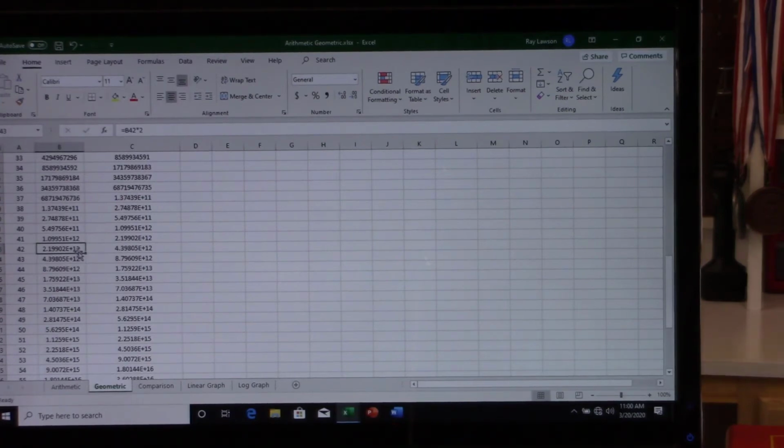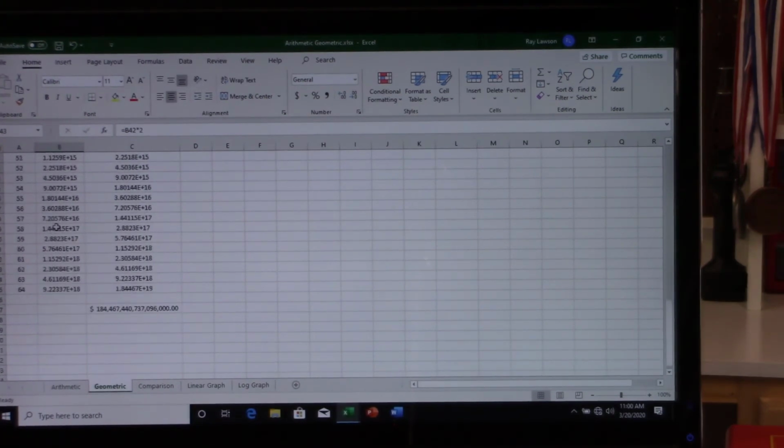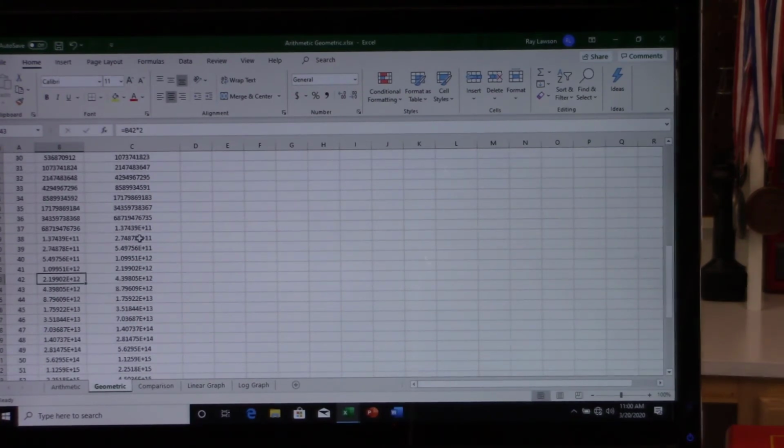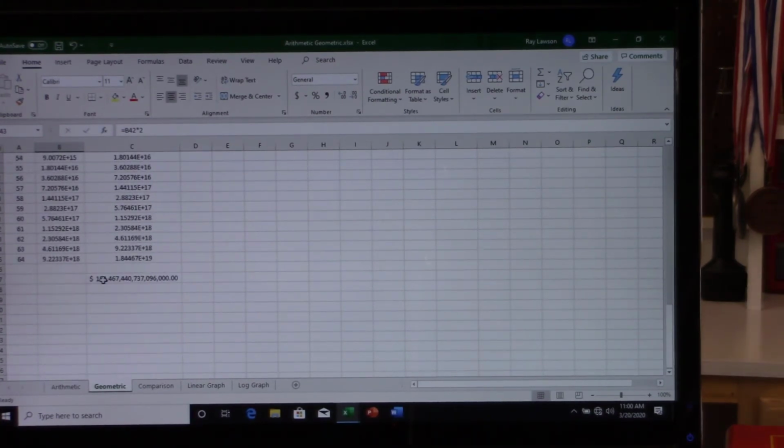So now we're up to 12 zeros behind the decimal point, or 12 numbers behind the decimal point. And down here we're up to 18 numbers behind the decimal point. And if we go through and we add up all the pennies, take all the squares and successively add the pennies, this is that huge number we get for how much money is on that last square.